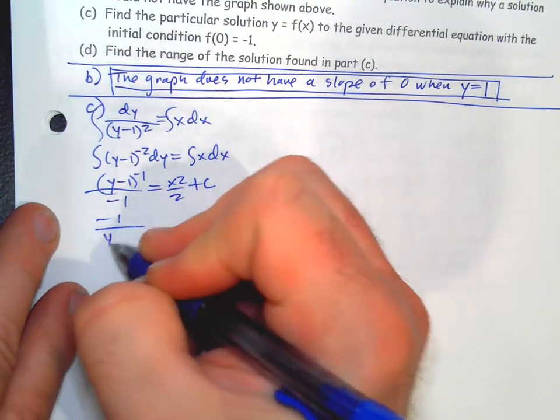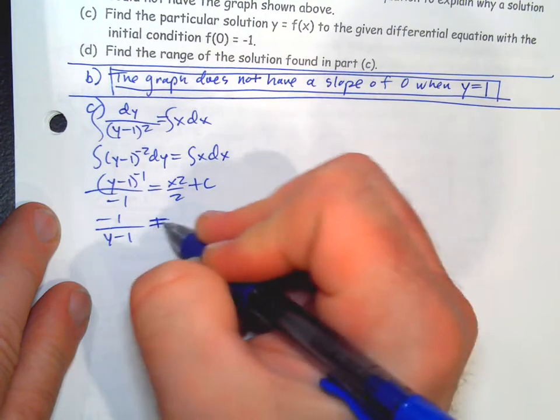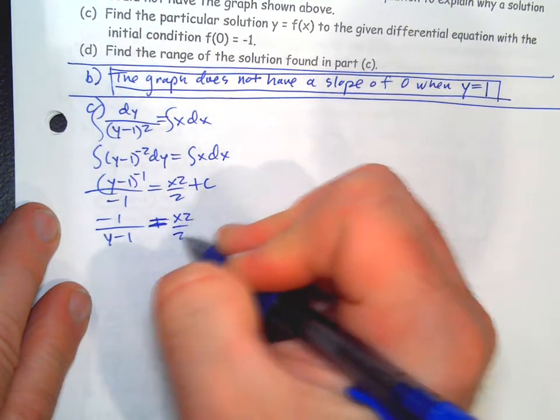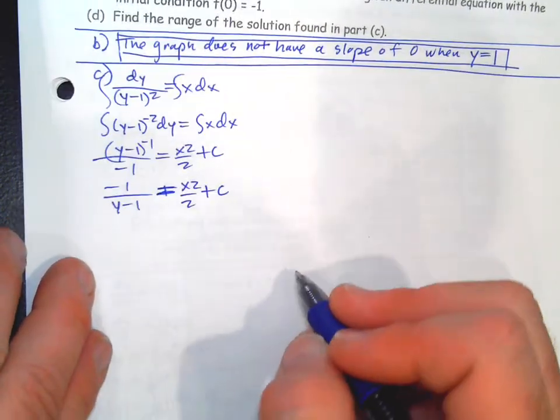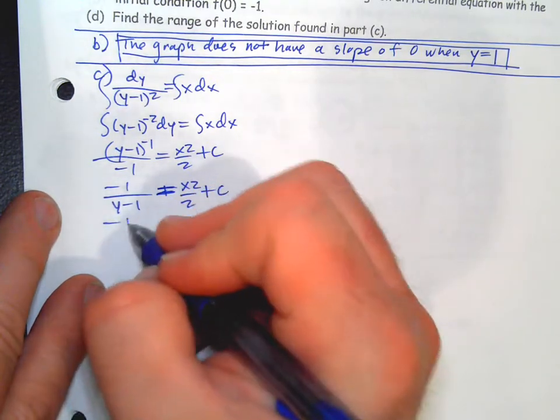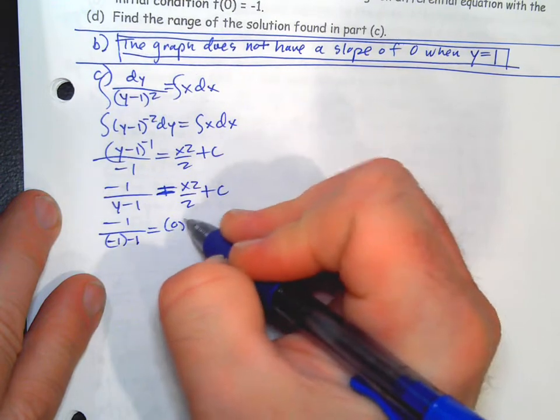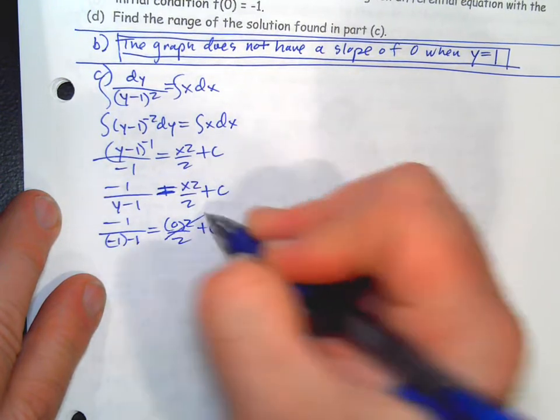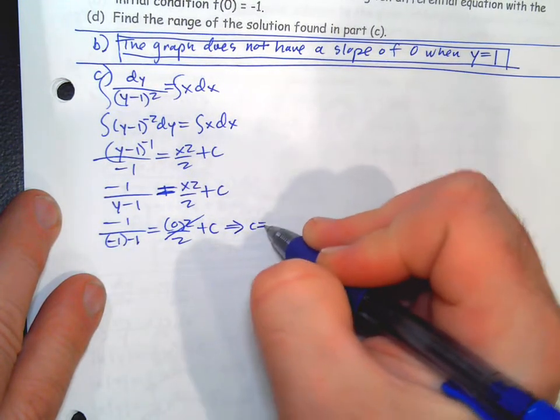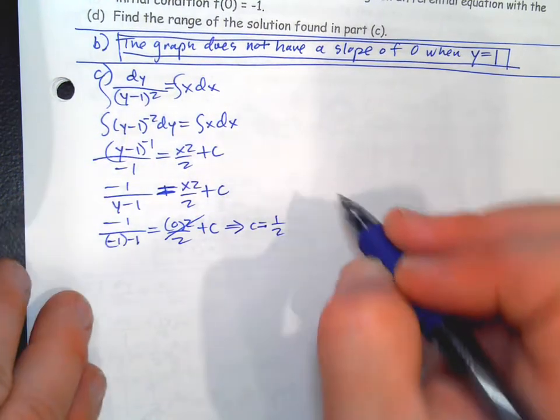I'm going to rewrite this a little nicer. Let's find the initial condition. They told us 0, negative 1, so we plug negative 1 in for y and 0 in for x. So c equals positive 1/2.